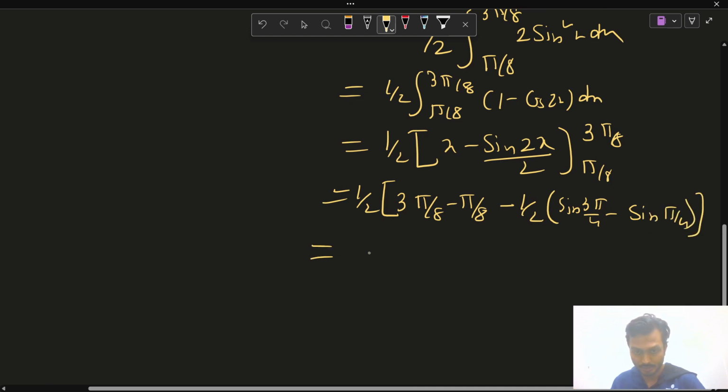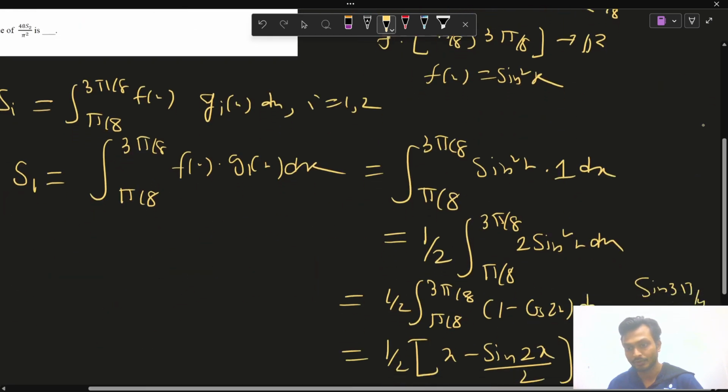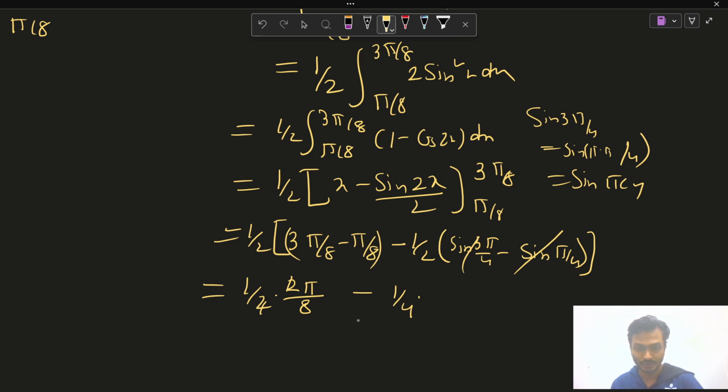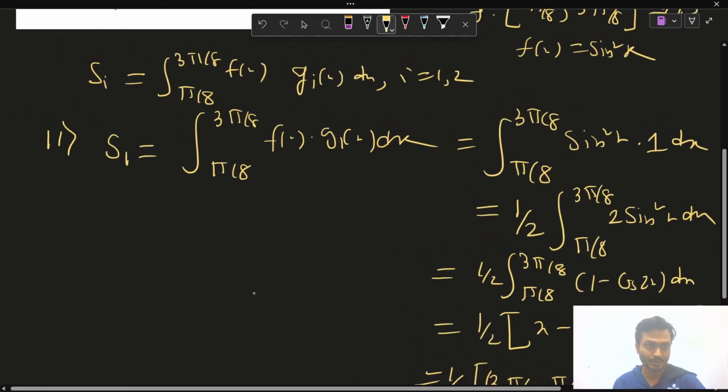So this calculation gives 1 by 2 into 2 pi by 8, and minus 1 by 4 into sine 3 pi by 4 minus sine pi by 4. Now we know that sine 3 pi by 4 means sine of pi minus pi by 4, which is sine pi by 4. So this will be 0. So we get S1 as pi by 8.